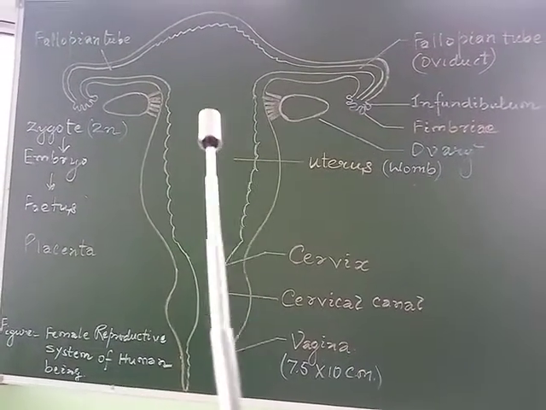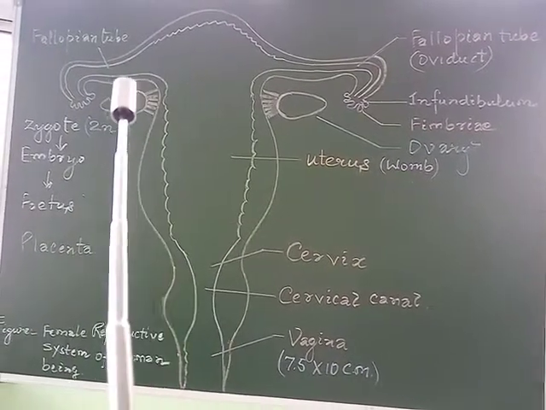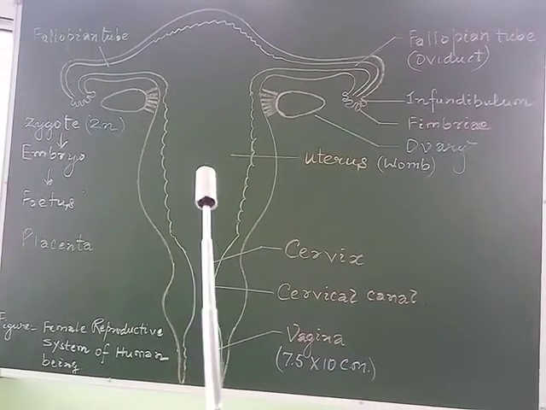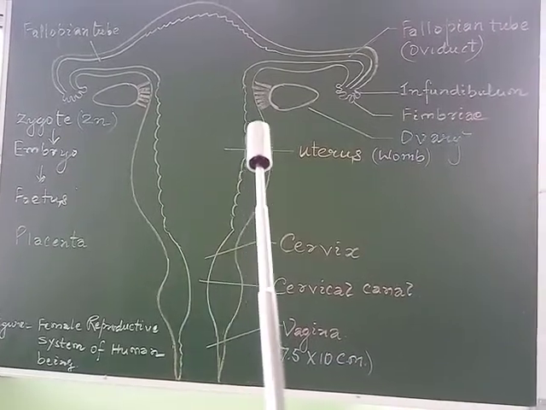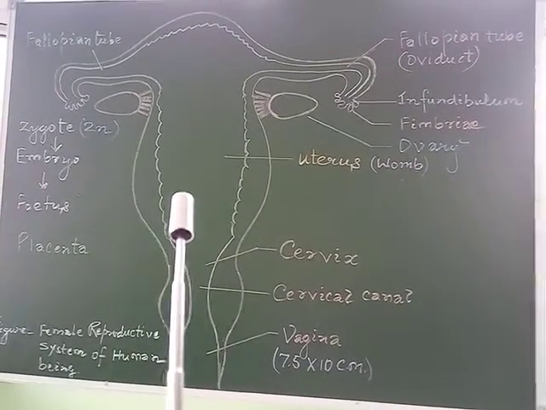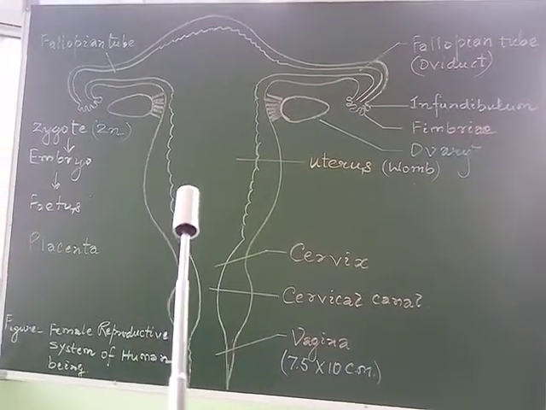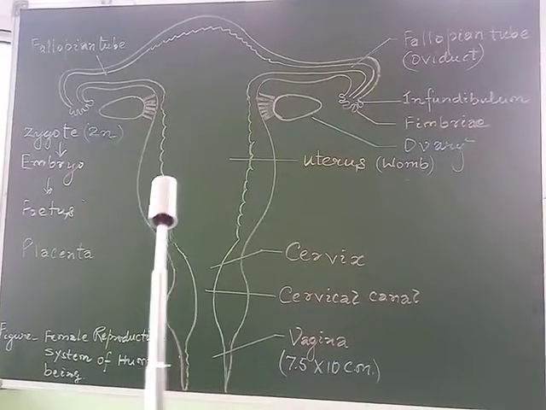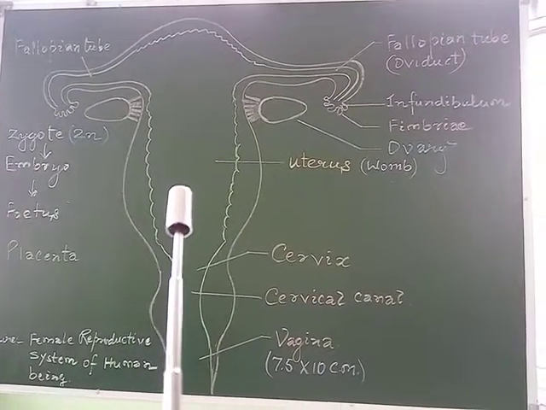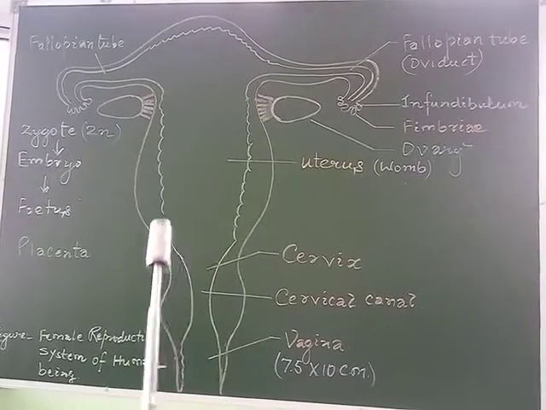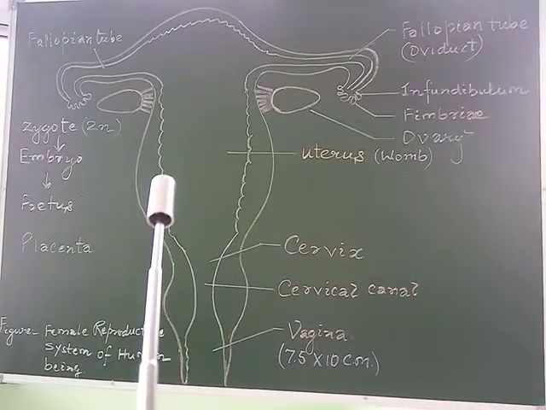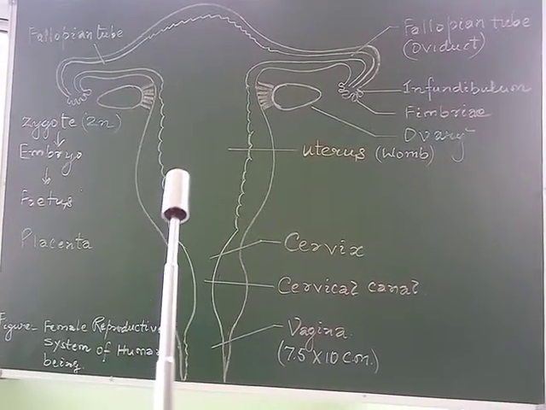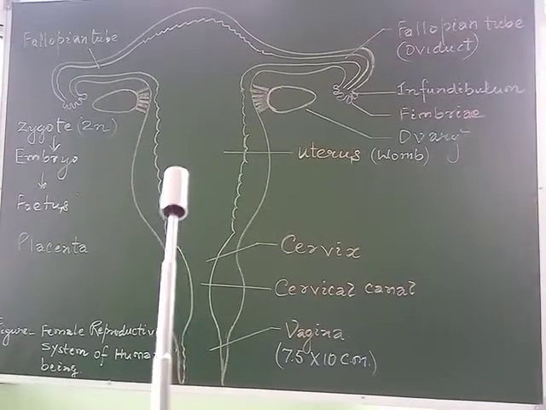After the implantation of the embryo within the uterus, it gets nutrition from the mother's blood with the help of a special tissue called the placenta, which is disc in shape and embedded in the uterine wall. It contains villi on the embryo's side of the tissue.